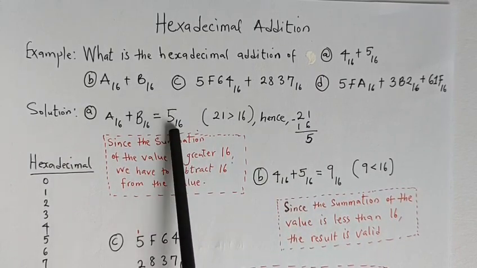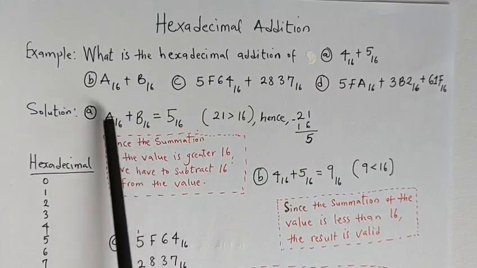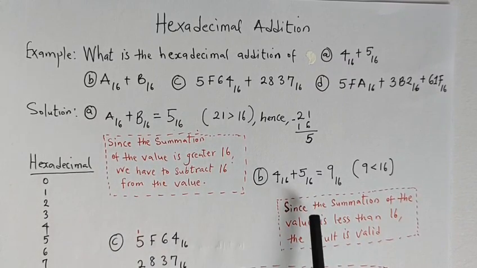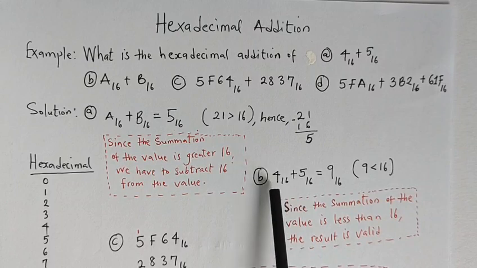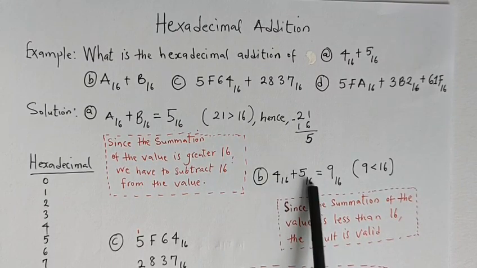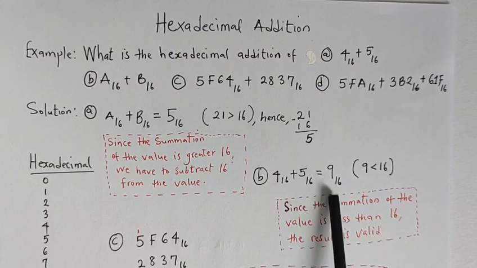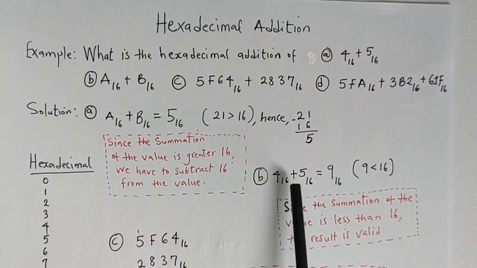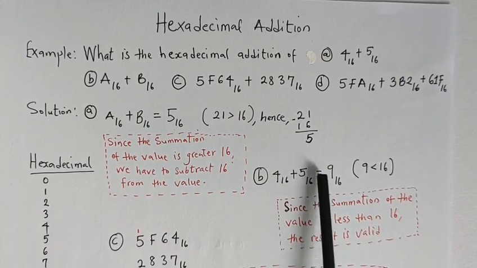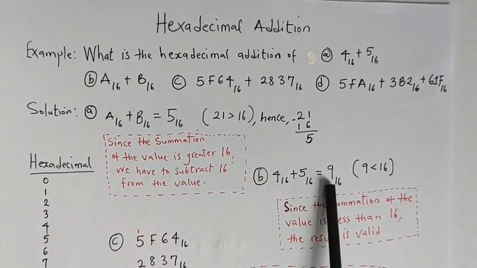In this second case, the resultant addition between 4 and 5 is less than 16, so the result is the value. We leave the answer as 9. So 4 plus 5 in base 16 gives us 9, which is valid because 9 is less than 16.